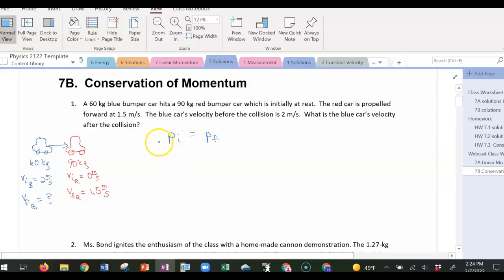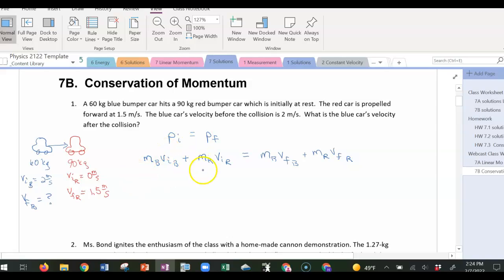In the initial case, the blue mass times the initial blue velocity, that's the blue car's initial momentum, plus the red mass times the initial red velocity, that's the total momentum at the beginning. That should equal the blue mass times the final velocity of the blue car plus the red mass times the final velocity of the red car.